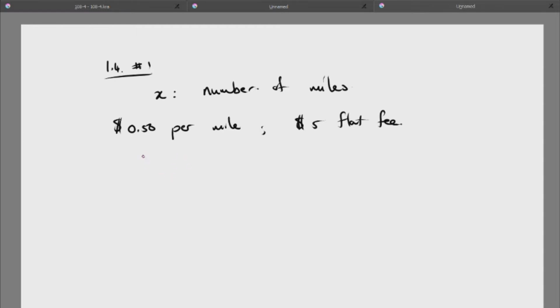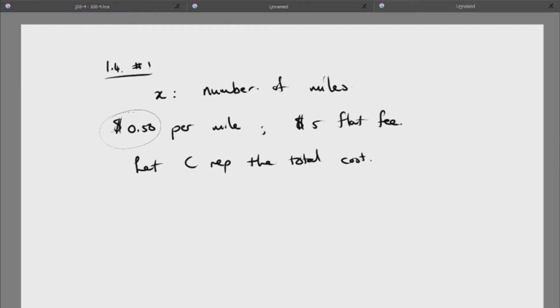So I need to define a letter. I don't want to use Y always. Let's go C for cost. C represents the total cost. So I want to find the cost function.